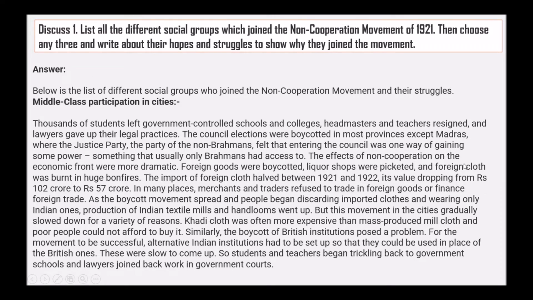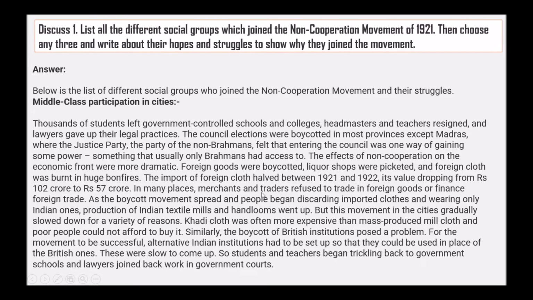The effects of non-cooperation on the economic front were more dramatic. Foreign goods were boycotted, liquor shops were picketed, and foreign cloth was burnt in huge bonfires. The import of foreign cloth halved between 1921 and 1922, its value dropping from rupees 102 crore to rupees 57 crore.